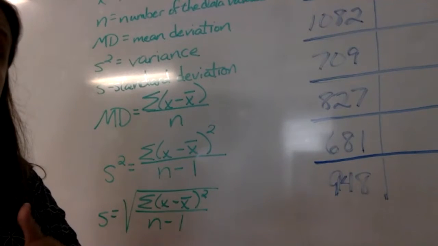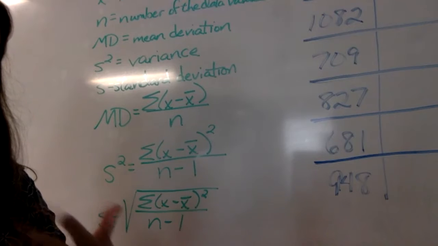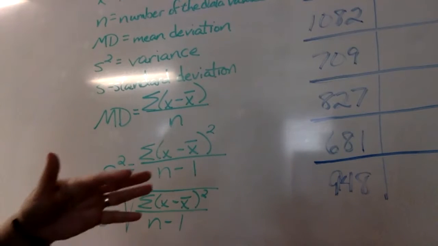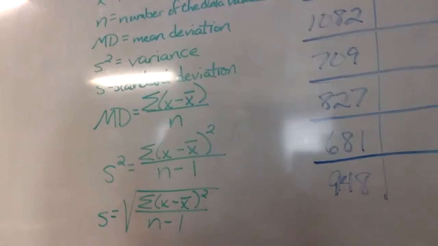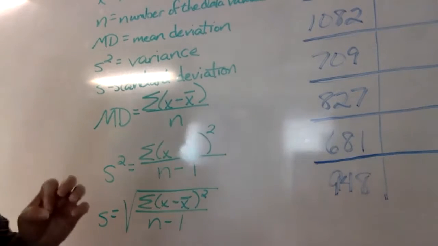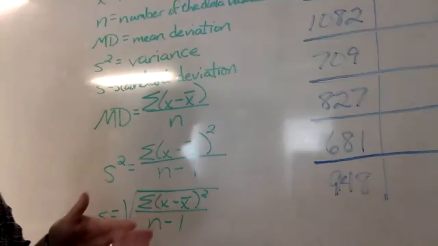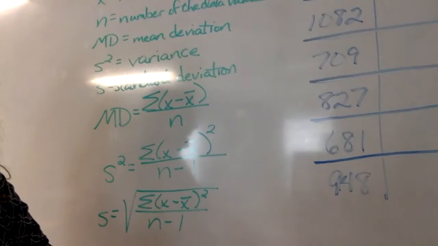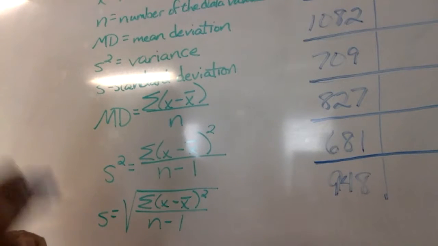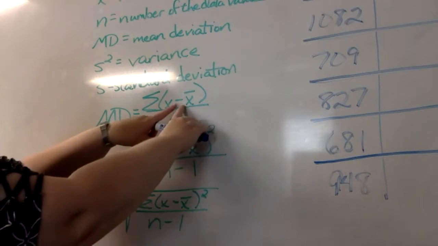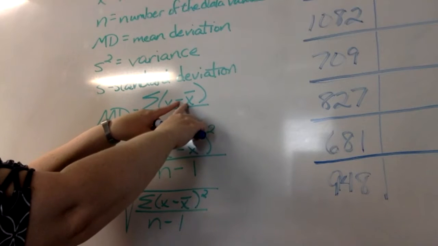So the easiest way to actually organize your work is like what I have set up here, a table. The three main columns that I need: one is just my x values, the data values that were given to me in the problem. Then my next column is x minus the mean.